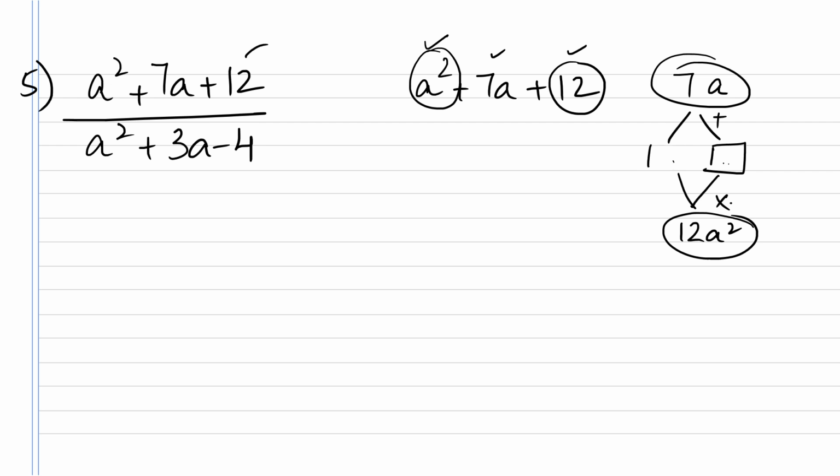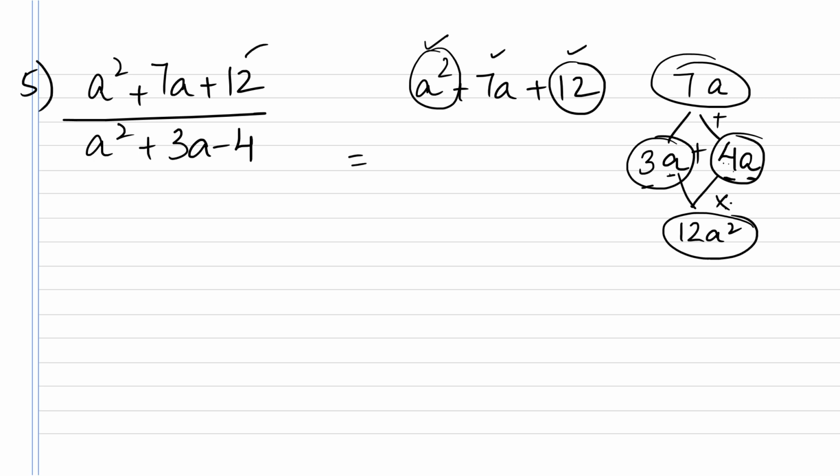If I write 3a and 4a, what is 3a plus 4a? Of course, 7a. And when 3a and 4a are multiplied, am I getting 12a square? 3 times 4, 12, a times a, a square. So, of course, 12a square. So my two required terms are 3a and 4a.